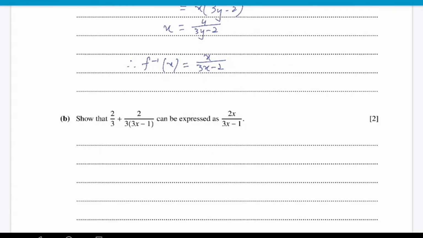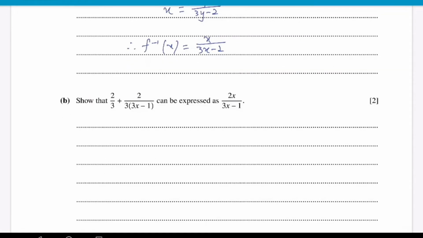If you look at the next part of the question, this part should be quite okay. Show that 2 over 3 plus 2 over 3(3x minus 1) can be expressed as 2x over 3x minus 1. It's a 2 mark question. Basically, that is to combine the terms only. The first term we multiply with the 3x minus 1, and then we plus the 2 here.